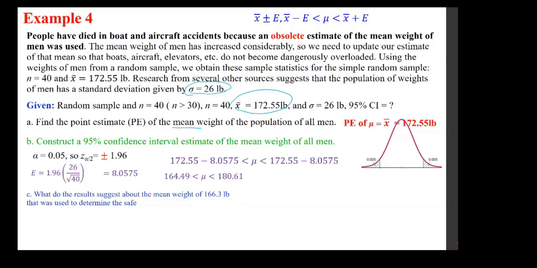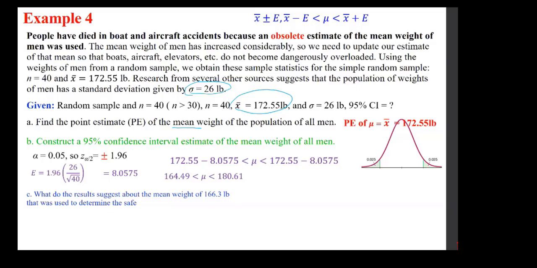What do the results suggest about the mean weight of 166.3 pounds? First of all, just in short, if we were to discuss this confidence interval, we would say we are 95% confident that the true mean weight of men is between these two numbers, 164.49 and 180.61 pounds.